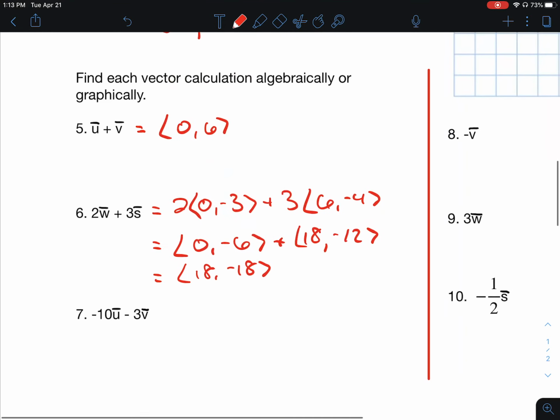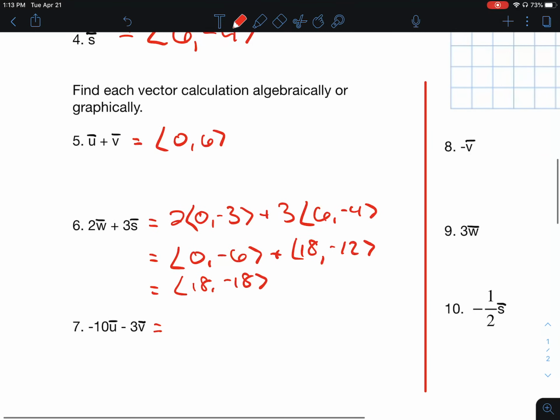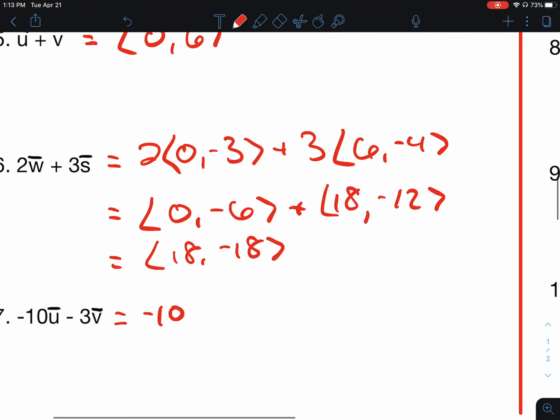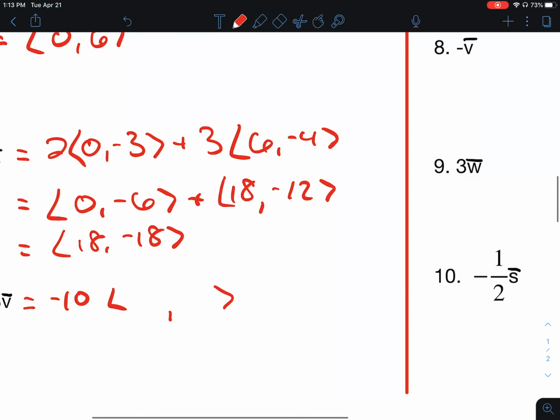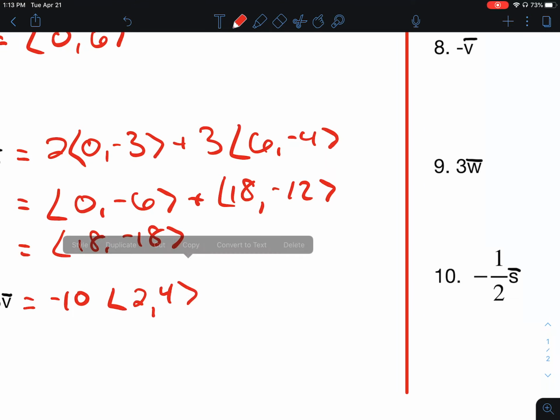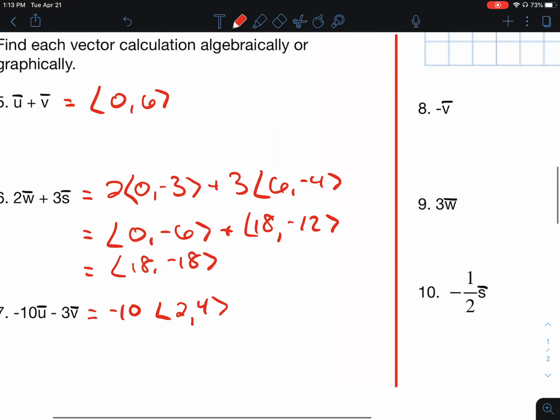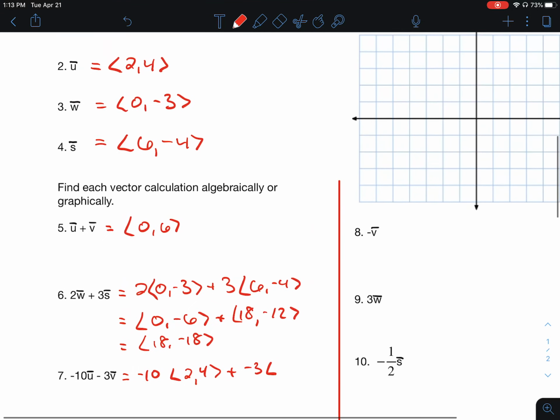Number 7, I'm going to take negative 10 times u. The components for u are 2, 4 up above. Then I'm going to add to that a negative 3 times the components for v.